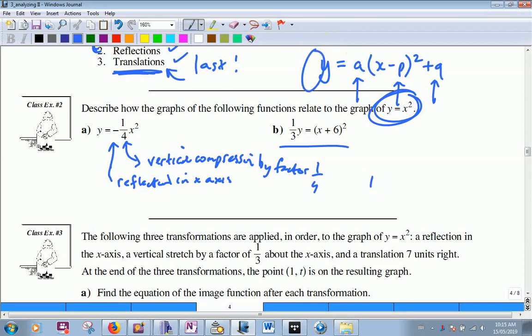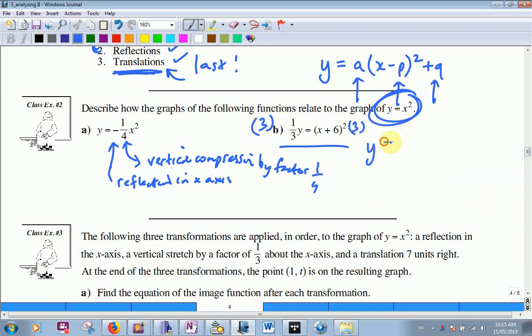No. Remember, like y equals mx plus b? If you got a 2 there, you got to get rid of it, because you don't know what the slope is, you don't know what the y-intercept is until it's solved for y. So it's the same thing. I got to get rid of that 1/3. How do I do that? By multiplying both sides by 3.